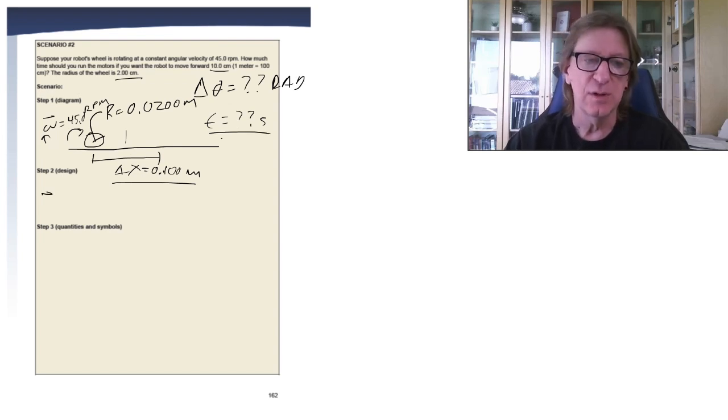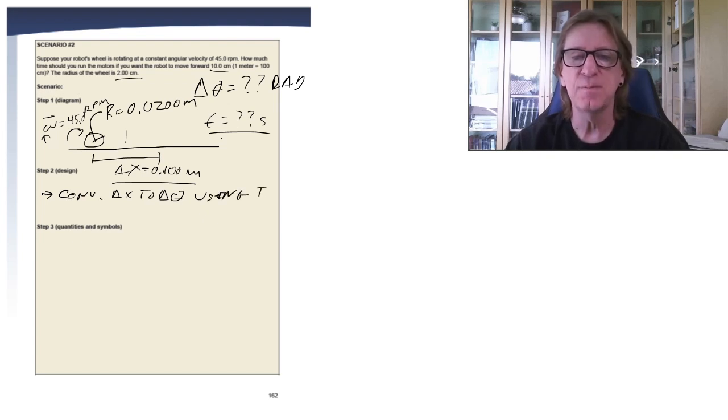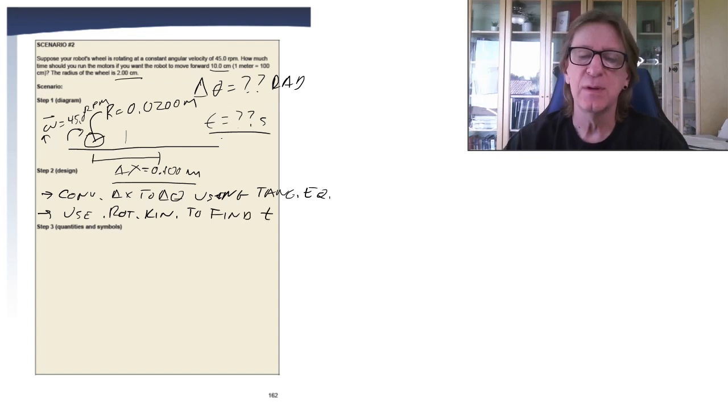So just to give me my plan here, I'm going to convert delta x to delta theta using my tangential equation. So this is the one that relates delta x to theta. And then I'm going to use rotational kinematics to find t. So that's my plan.